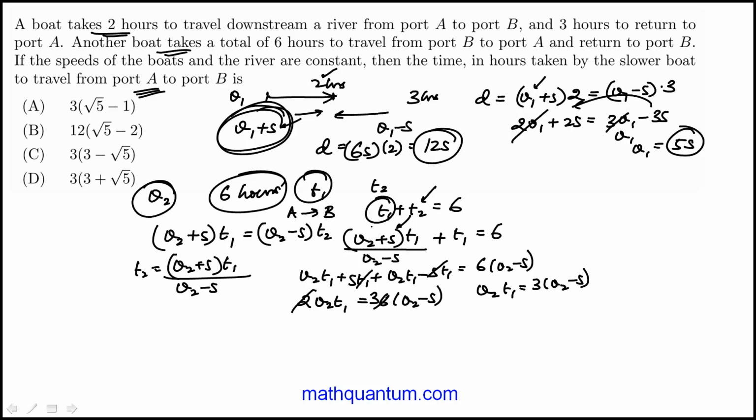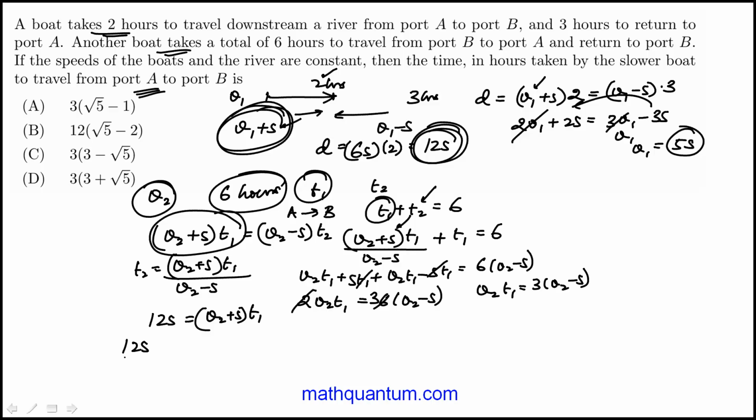And I also know the distance, which we found in terms of the stream speed, and I can equate it to either one of these. I'll do that one because that relates t1. And that means that I can eliminate v sub 2, or write v sub 2 in terms of s.